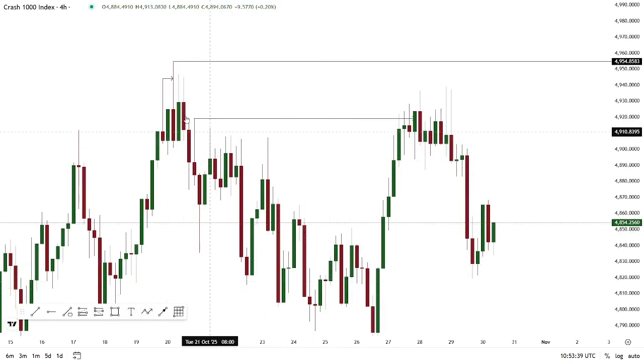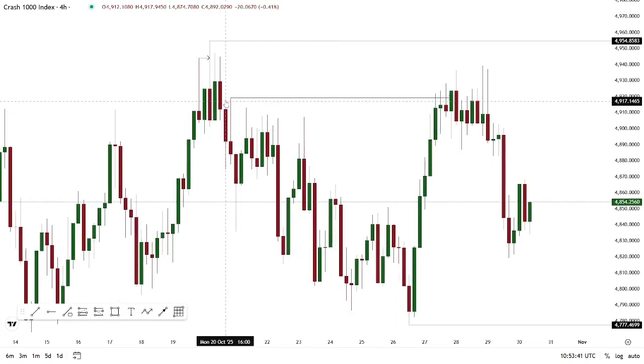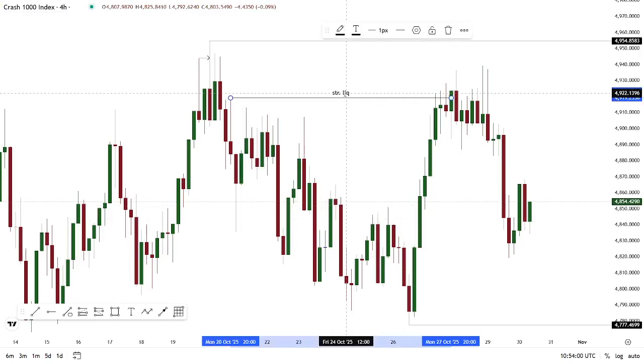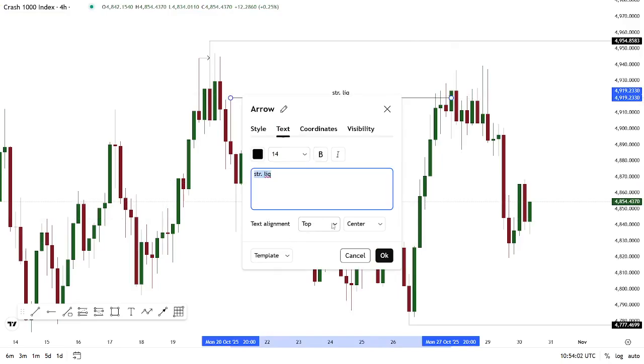Like I said, the highest level after price had taken out the leg that took our liquidity should be your structural liquidity, and that is this. So I'll just use this to annotate it.